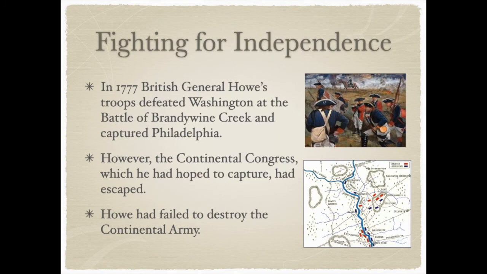In 1777, British General Howe's troops defeated Washington at the Battle of Brandywine Creek and captured Philadelphia. However, the Continental Congress, which he had hoped to capture, had escaped. Howe had failed to destroy the Continental Army.